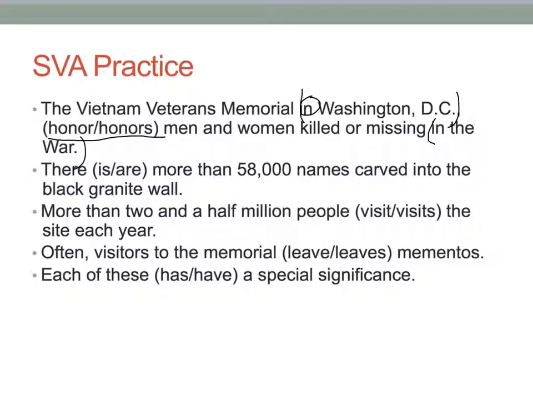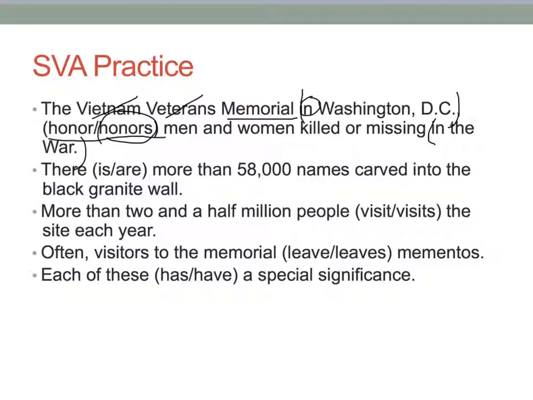So, okay, now our sentence boils down to the Vietnam Veterans Memorial either honor or honors men and women killed or missing. So, this Vietnam Veterans, that just describes the memorial. The memorial, that is the subject of our sentence. So when you boil it all down, it's memorial honors. So it will be third person of the singular, so it gets the form with the S.